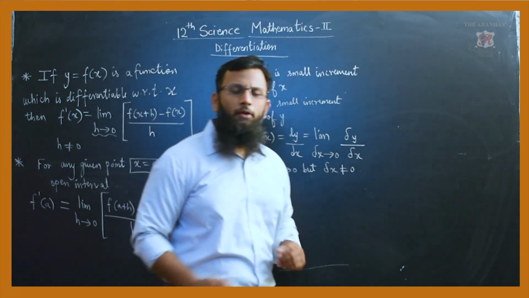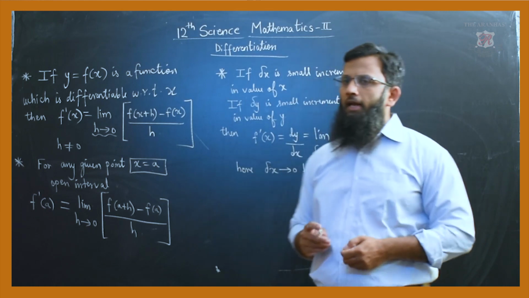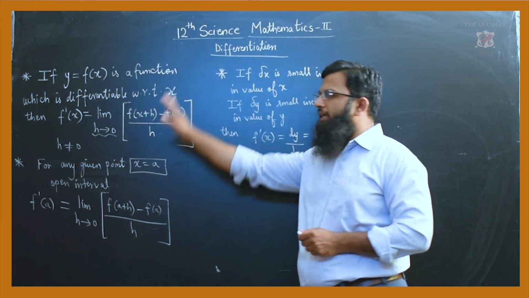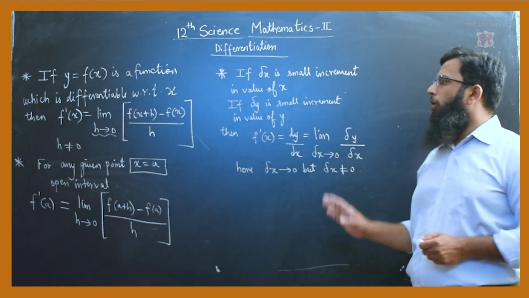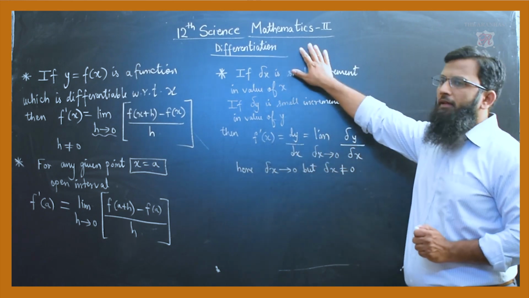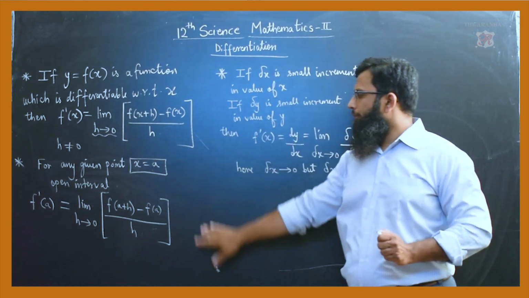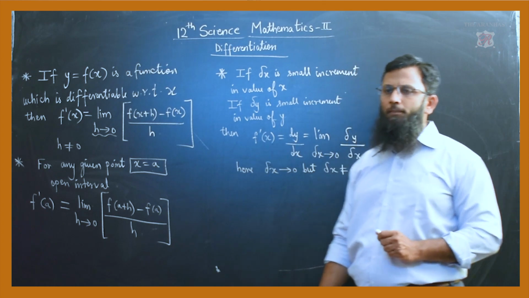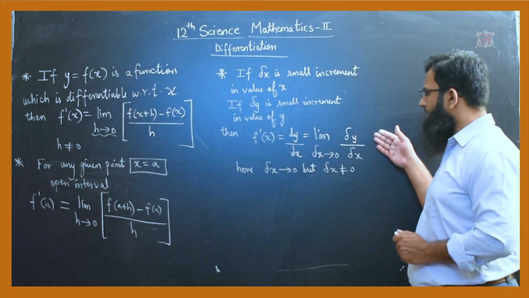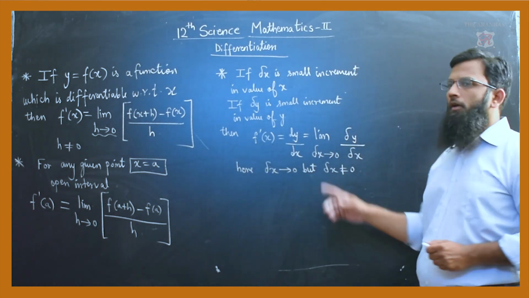So these are the three important points which will help us in understanding throughout what happens exactly in differentiation. These two belong to the first principle method, and this is the general definition of derivative.